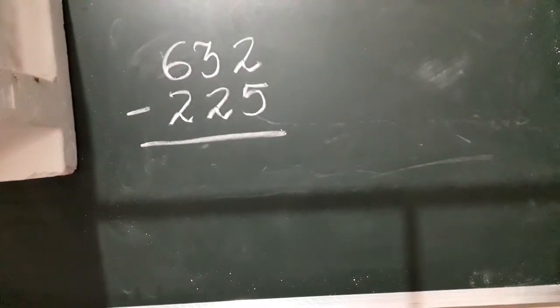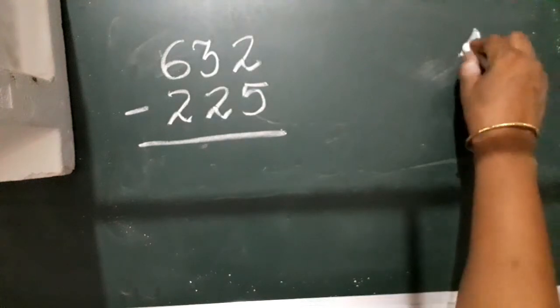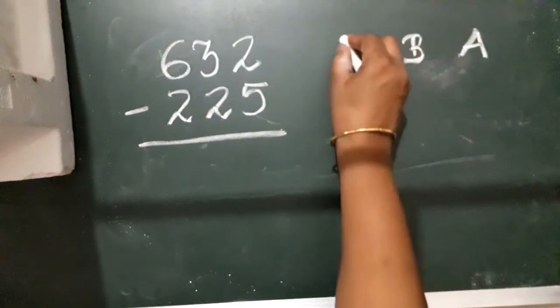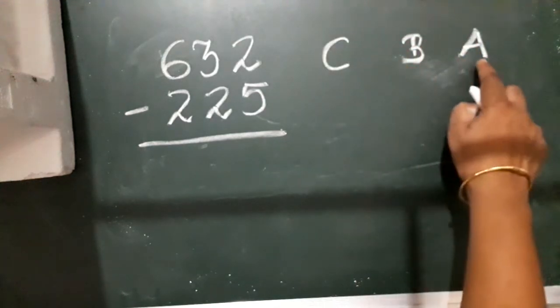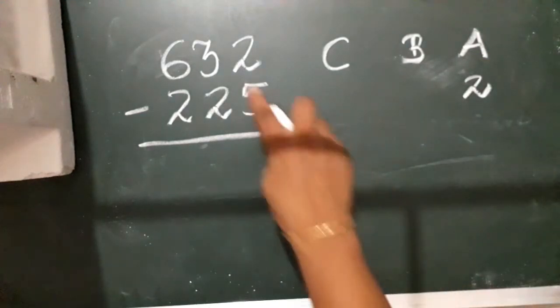Now we will see subtraction of 3-digit numbers. See the first question. 632 minus 225. So here you have to think in a way: person A, person B, person C. A is having 2 loose pens.